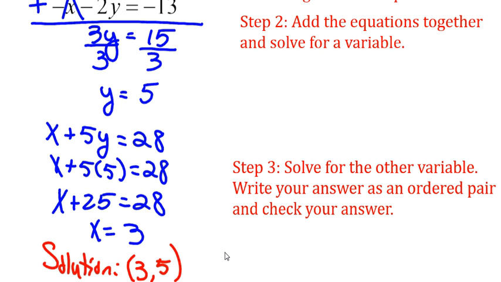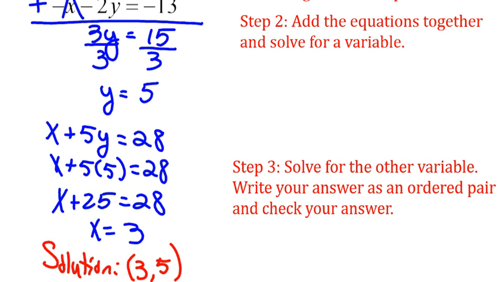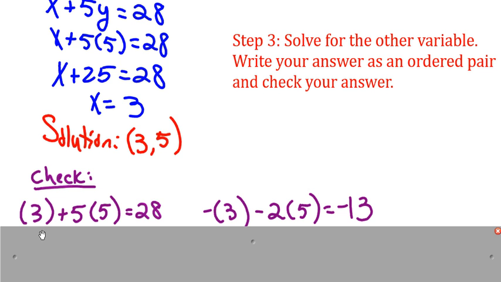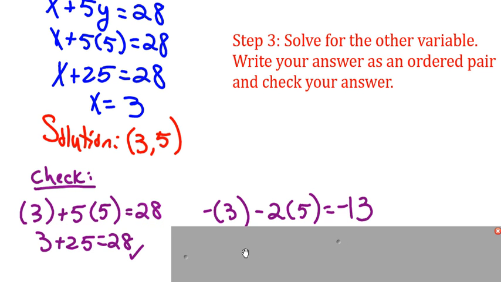And again, just like we did before, we want to verify that this is the correct solution. So we're going to substitute 3 in for x for both equations and 5 in for y for both equations to make sure that they really are balanced. So my first equation, I'll have 3 plus 25. That does give me 28, so we're okay on that one.